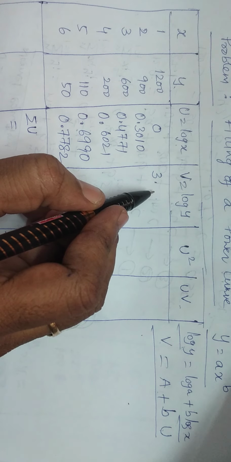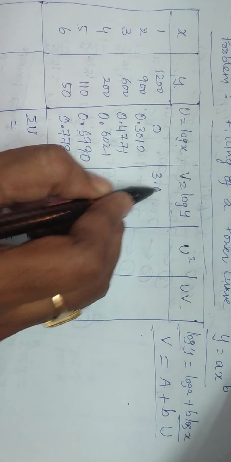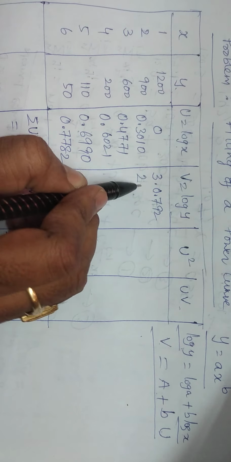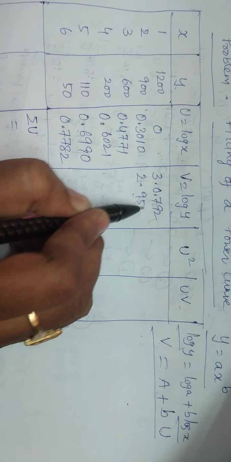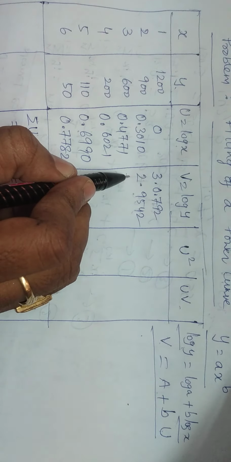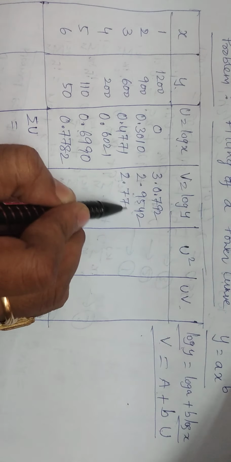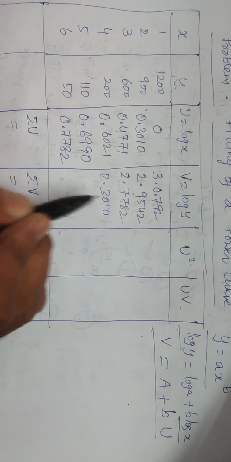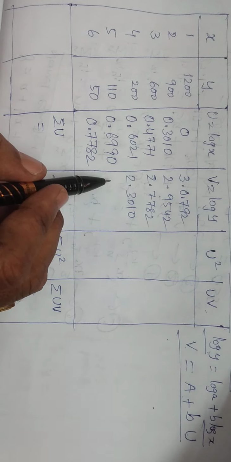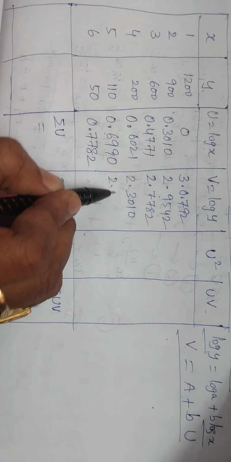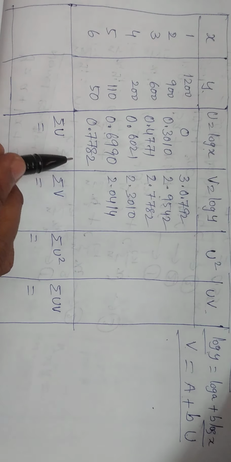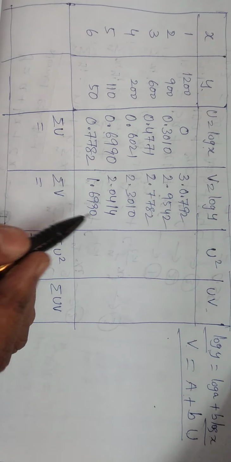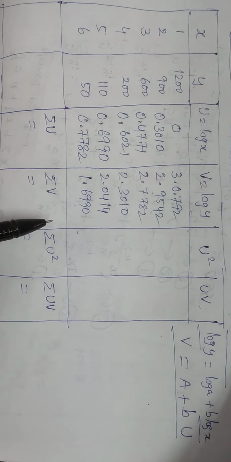If you use the calculator, you can get them directly. Log 1200 is 3.0792, log 900 is 2.9542, log 600 is 2.7782, and log 200 is 2.3010. This is the standard value. Log 110 is 2.0414, and log 50 is 1.6990.